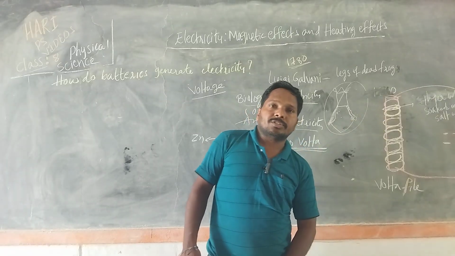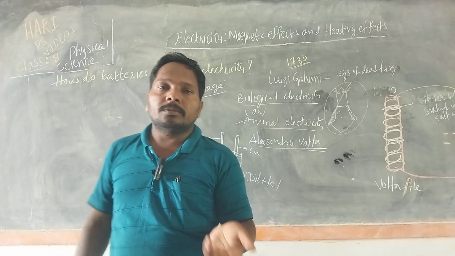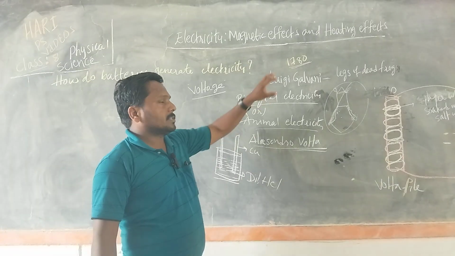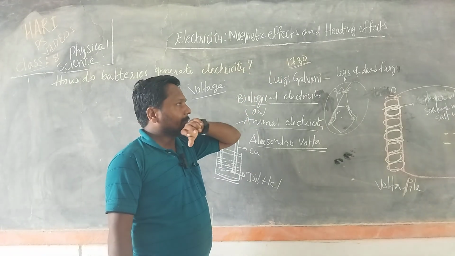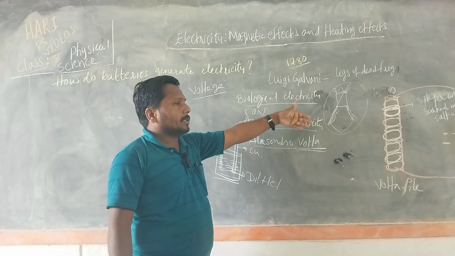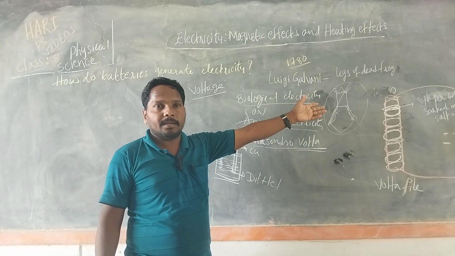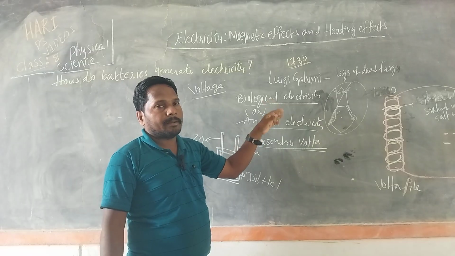This was a brief introduction to how the cell or battery was made. First Luigi Galvani, based on the legs of a dead frog activity, proposed biological electricity or animal electricity.